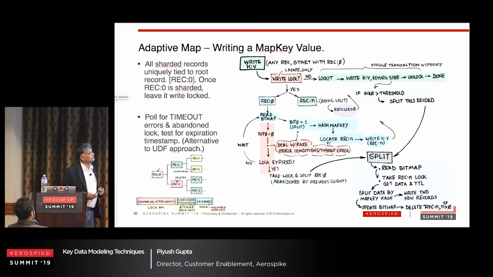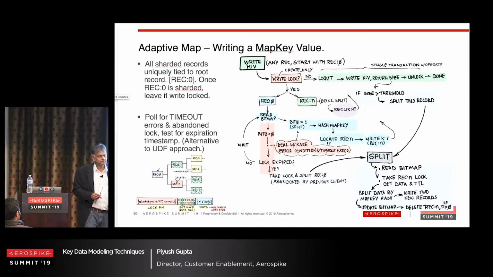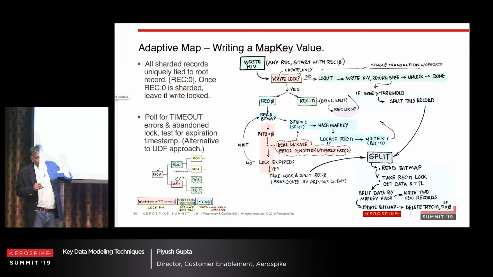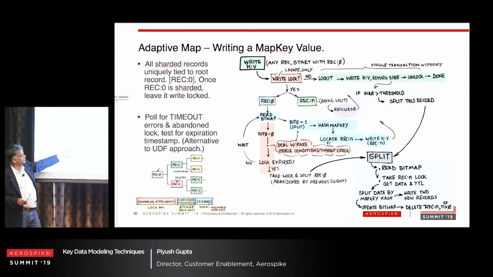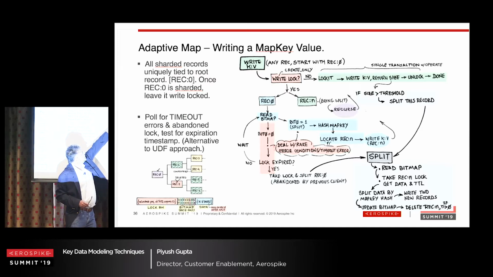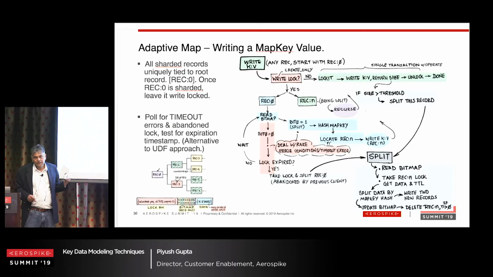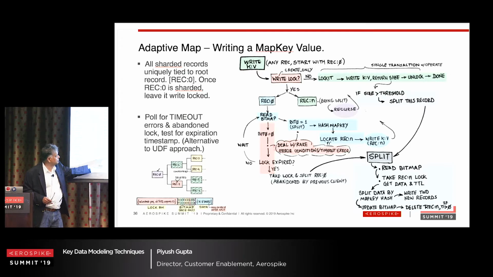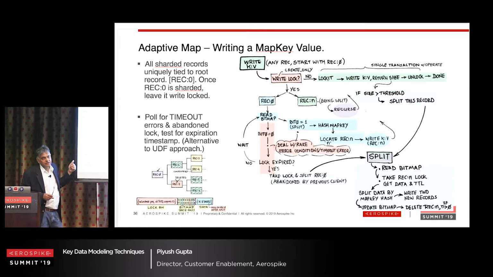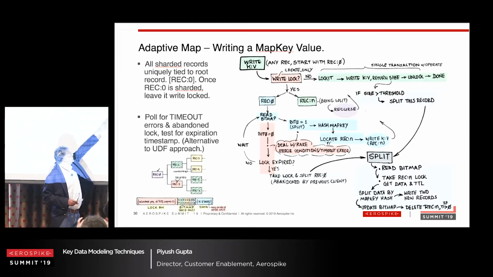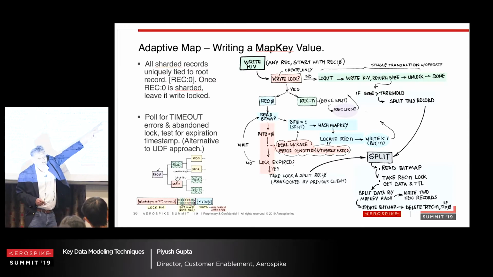Now let's look at writes. They get a little more interesting. Let's start with the simple case of writing when the first record 0 has not split yet. I come in and do a create-only lock on the map key right here. This one is locked. If it is not locked, I'll take the lock, do my key value write, and unlock.